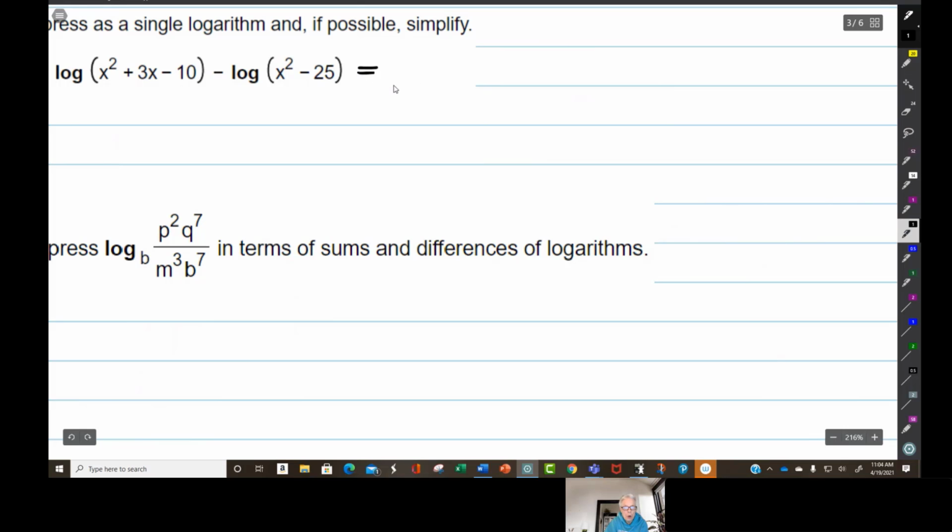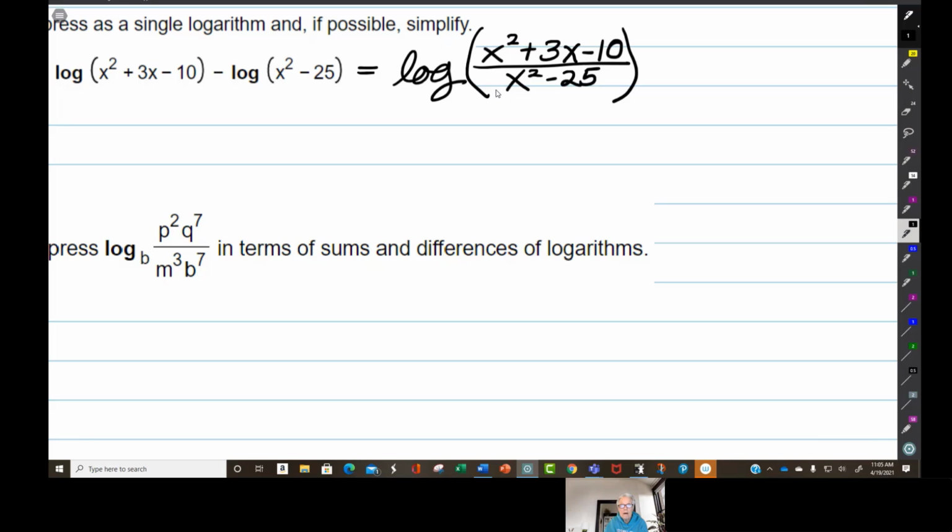This is going to equal log of x squared plus 3x minus 10 over x squared minus 25. Okay, what is this begging for? Factoring and simplifying.